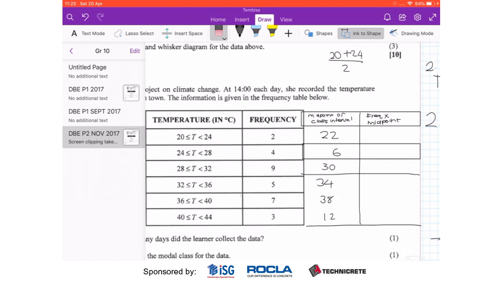Now we're saying frequency times this midpoint. So 22 times 2, 44. The next one is 26 times 4.